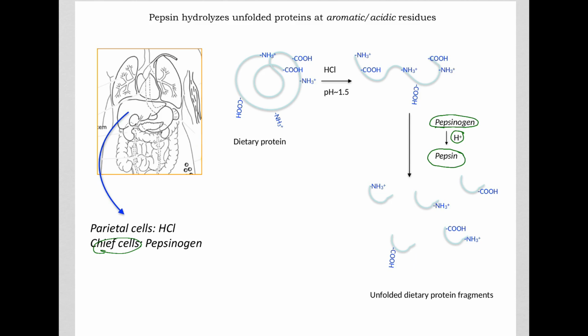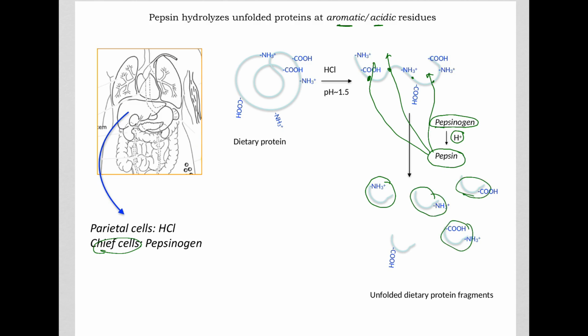Now wherever in the unfolded protein chain there are aromatic or acidic groups, this pepsin will break the peptide bond and produce smaller peptides, which will be much more difficult to fold because they are much smaller.